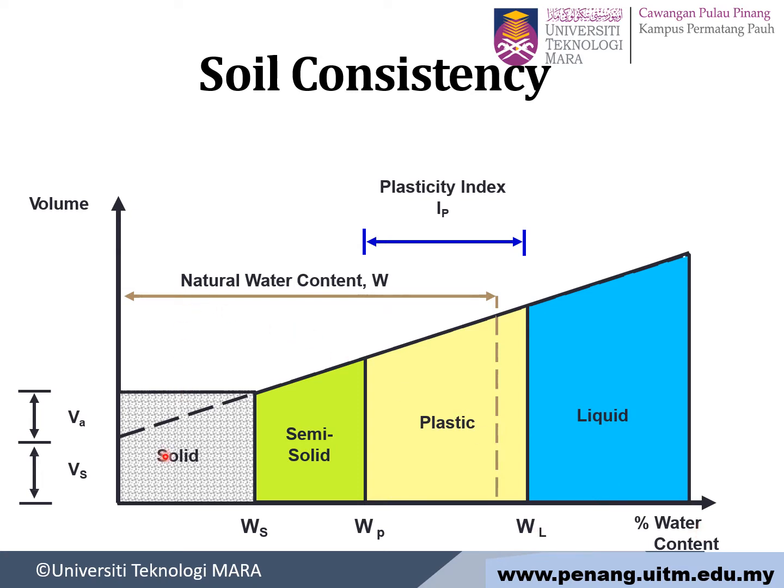We have solid, semi-solid, plastic, liquid, and this one is the natural water content here. And then you have the plasticity index, which is the water content for liquid limit minus plastic limit. Alright, liquid limit minus plastic limit is equal to plasticity index.